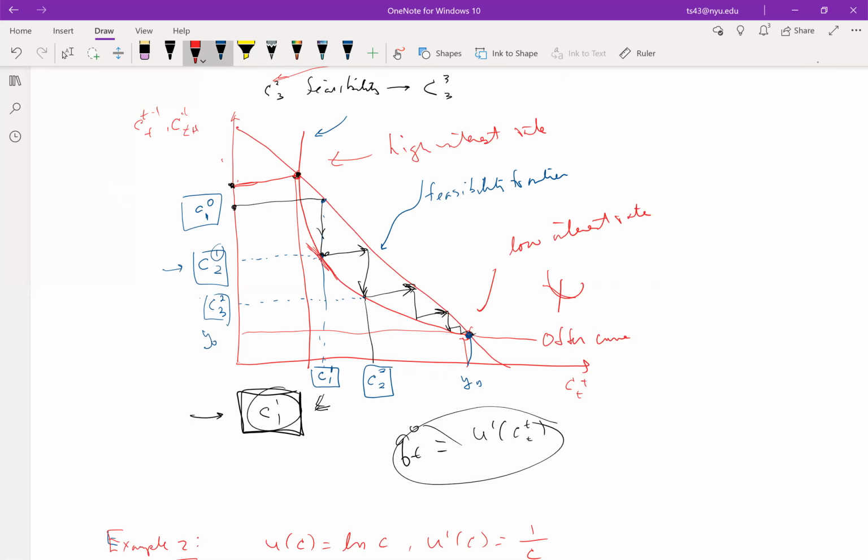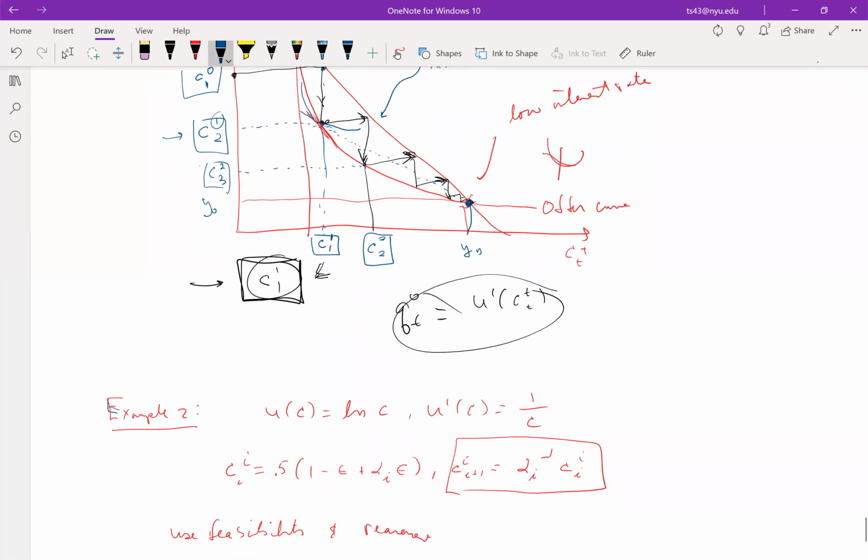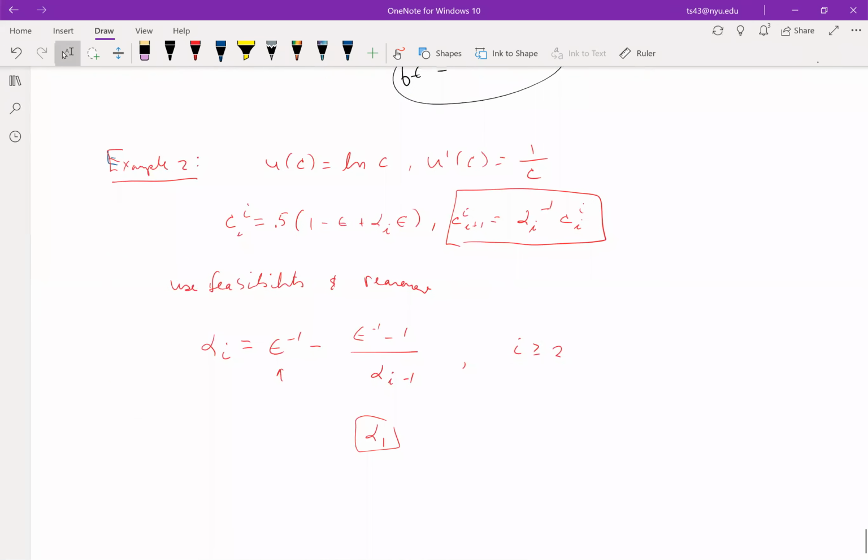Now just think about it: it would be the slope of a straight line that connects the point on the offer curve to the endowment point. That's what the slope is. And that reflects that there's going to be a tangency point with an indifference curve there. So think about that. That's how we get this difference equation that we could solve.